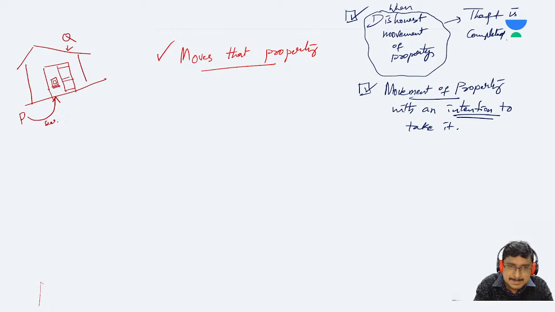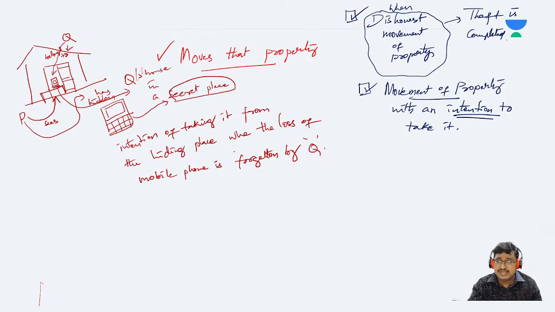Mr. P sees this mobile phone belonging to Mr. Q. Okay, this mobile phone belongs to Mr. Q. Now, it was kept on a table in the house of Mr. Q. Therefore, whenever the mobile phone has been moved from the table to a secret place within Q's house with an intention to take it away from the hiding place when the loss of the mobile phone is forgotten by Mr. Q, it amounts to theft, friends.